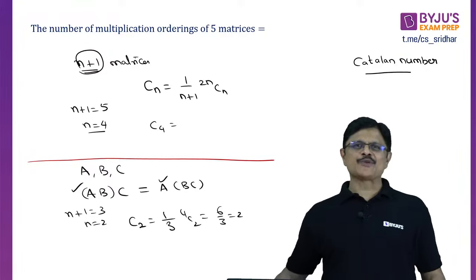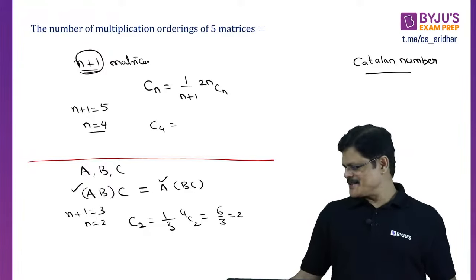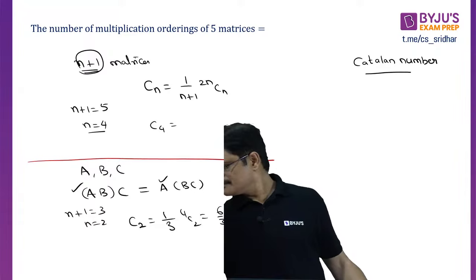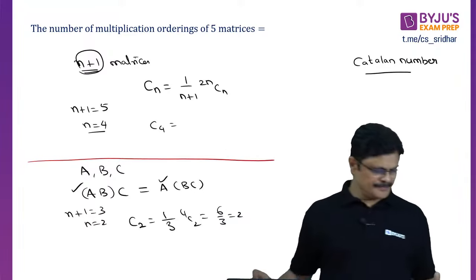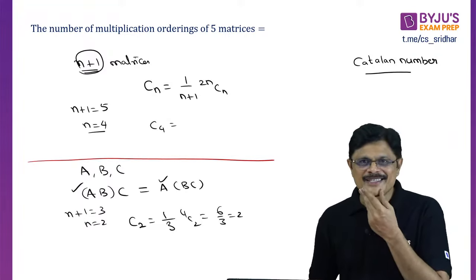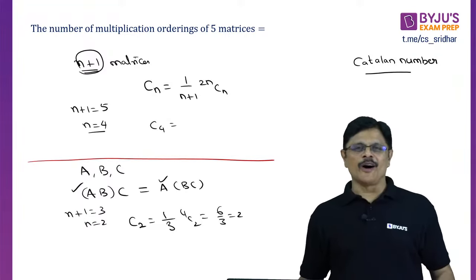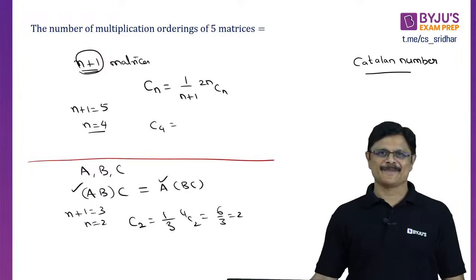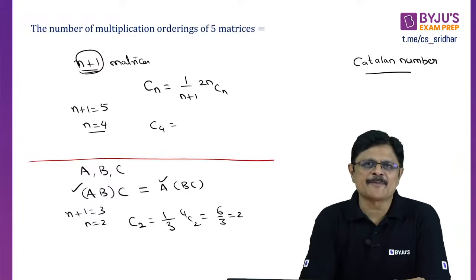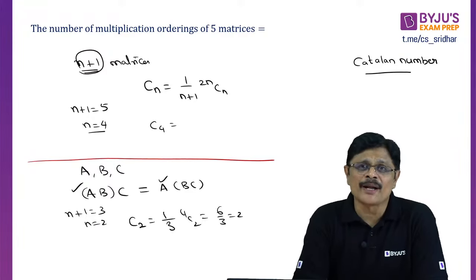Matrix chain multiplication we will do, but first let us understand this. That is beyond the scope of this particular class. Actually, there are many problems, almost 60 plus problems, whose solution is the Catalan number.